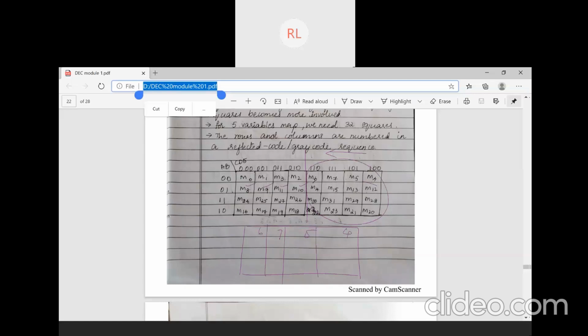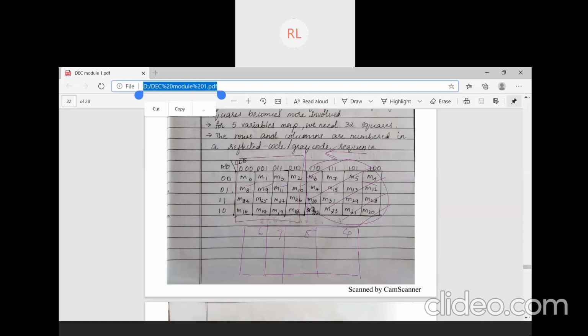Because it's folded, I am folding this portion on top of this one. Sir, if we fold it on top of the square, then M6 will match M0 now? No, it is just an imaginary way of explaining. It is not that one is sitting on top of the other.